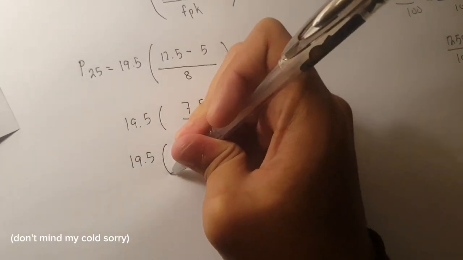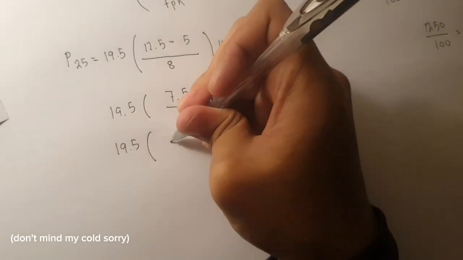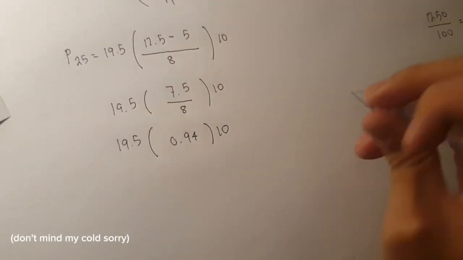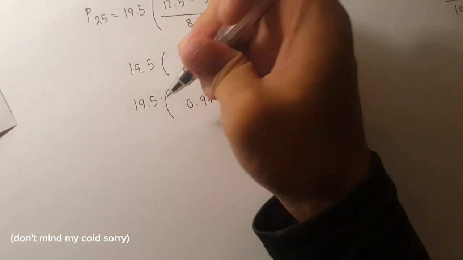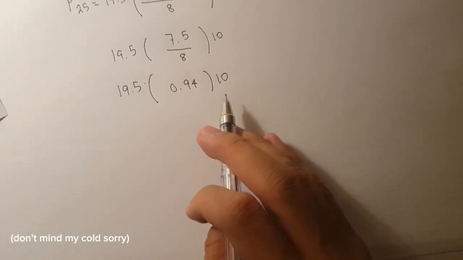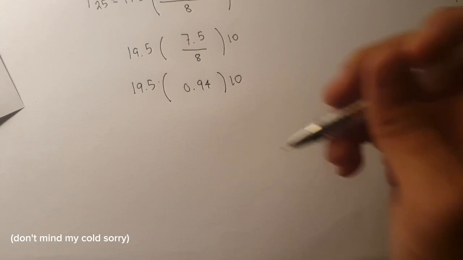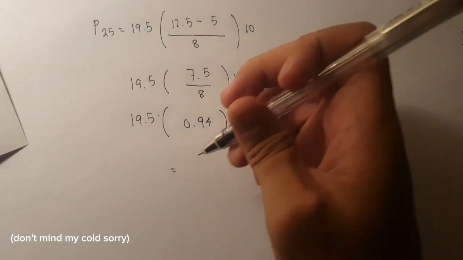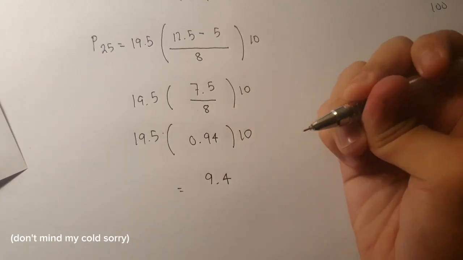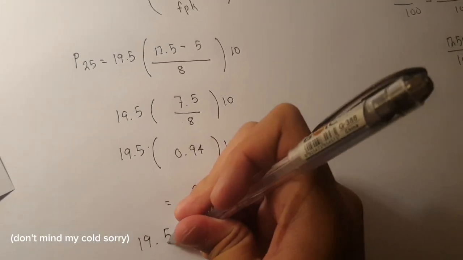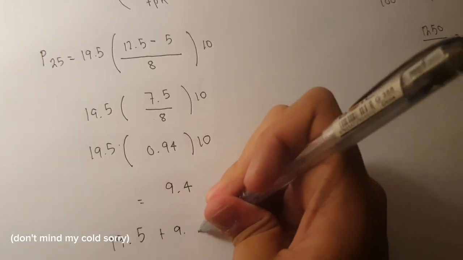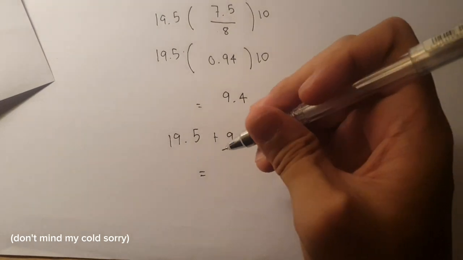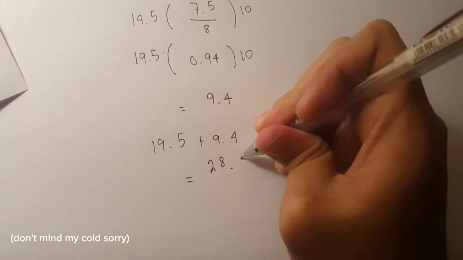19.5 plus 0.94 times 10. Multiplying these two equals 9.4. So 19.5 plus 9.4 equals 28.9.